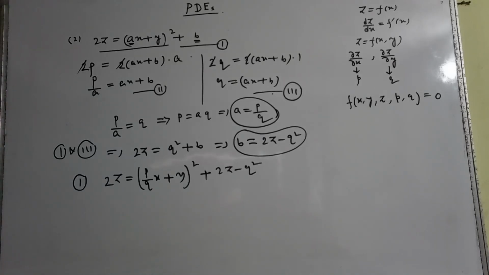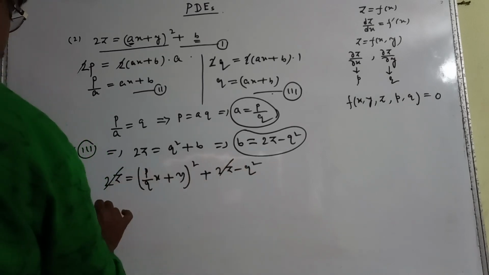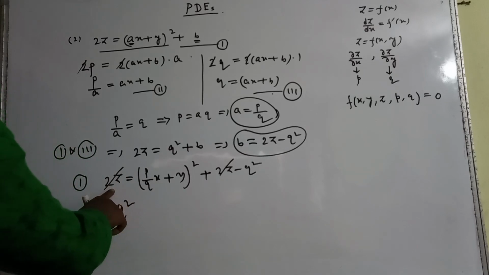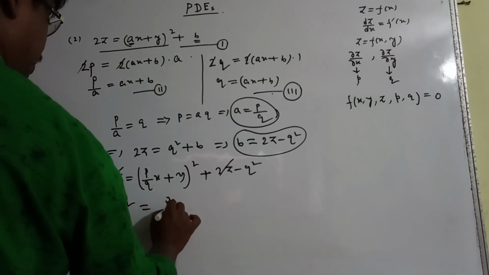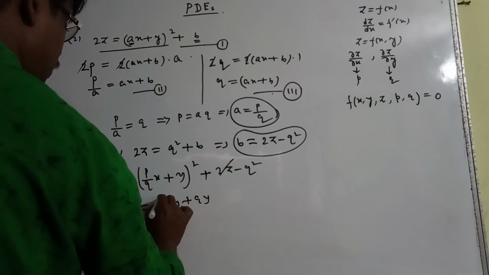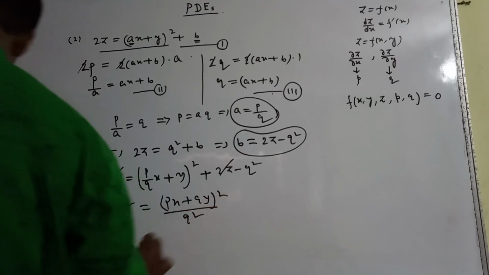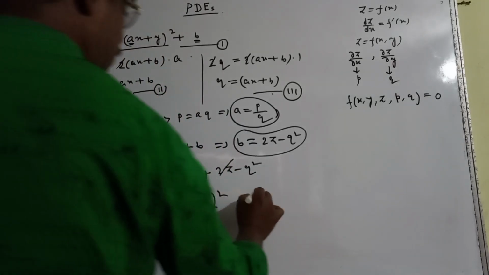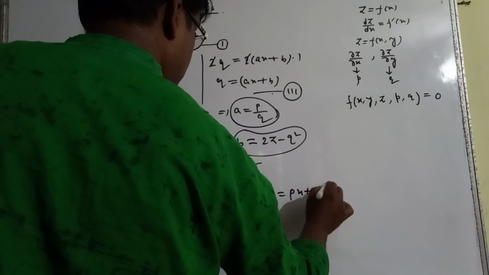Then 2z cancels. Bringing q square to the left, q square equals (px plus qy) whole square by q square, taking the LCM. That gives q power 4 equals (px plus qy) whole square.